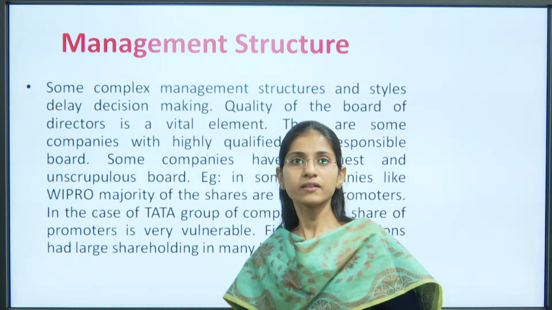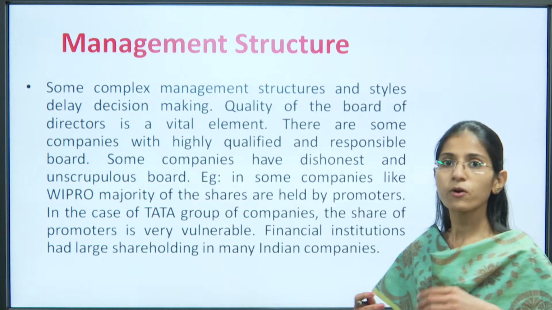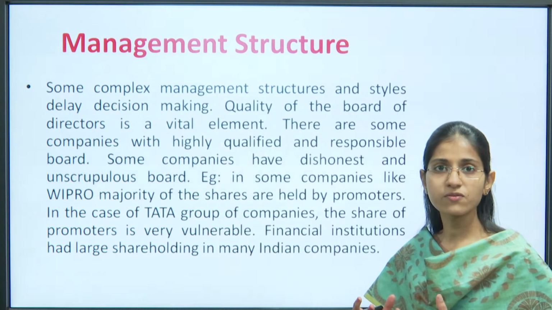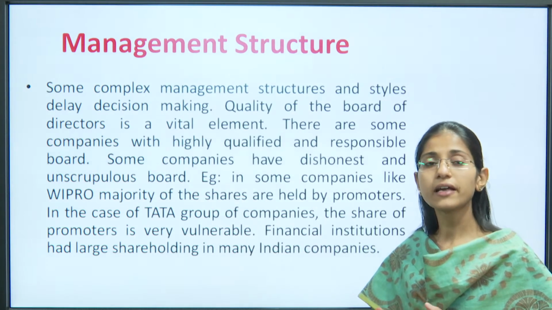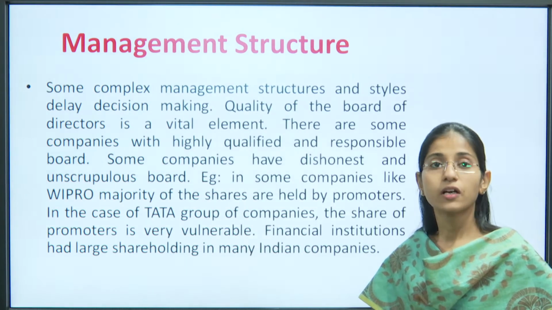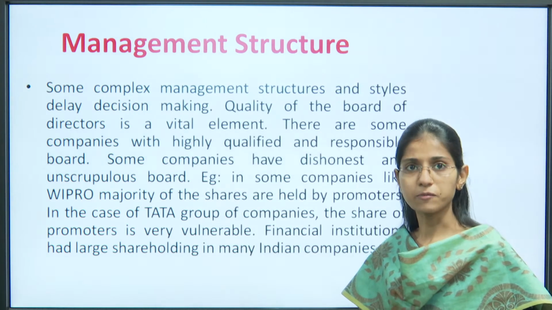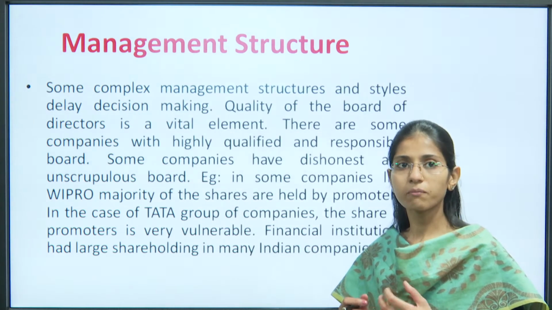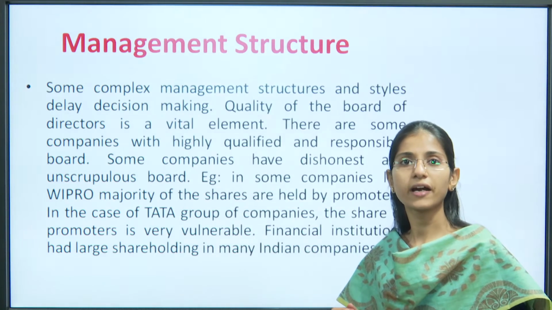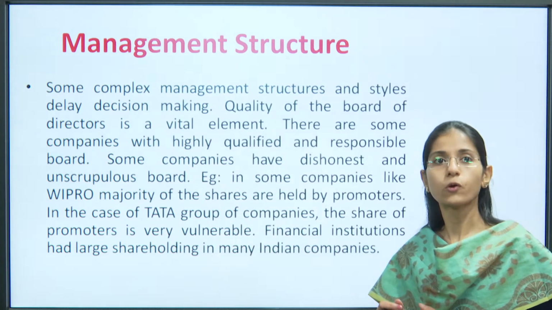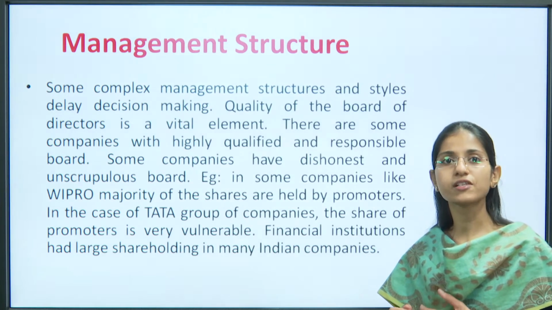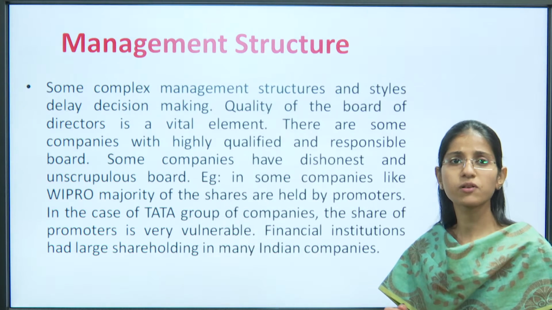Next is management structure. Some complex management structures and styles delay decision making, and the quality of the board of directors is a vital element. There are some companies with a highly qualified and responsible board. Some companies have a dishonest and unscrupulous board.